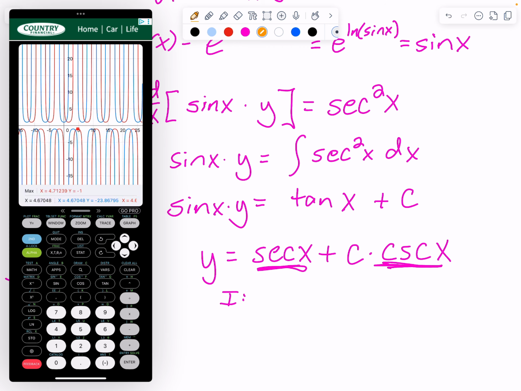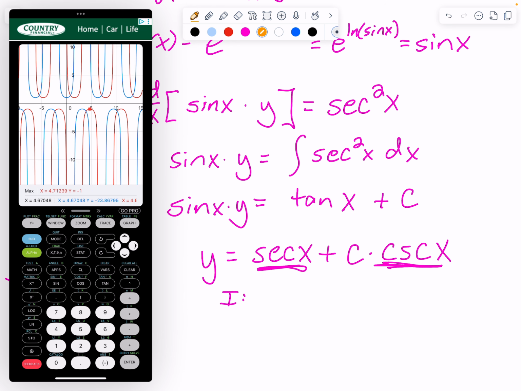Okay, so there is our cosecant and our secant. See that everywhere there are straight lines, those are asymptotes. So the blues have an asymptote in between each one of them, the orange. So the only thing that's going to be okay is between 0 and that asymptote, and that happens at pi over 2.